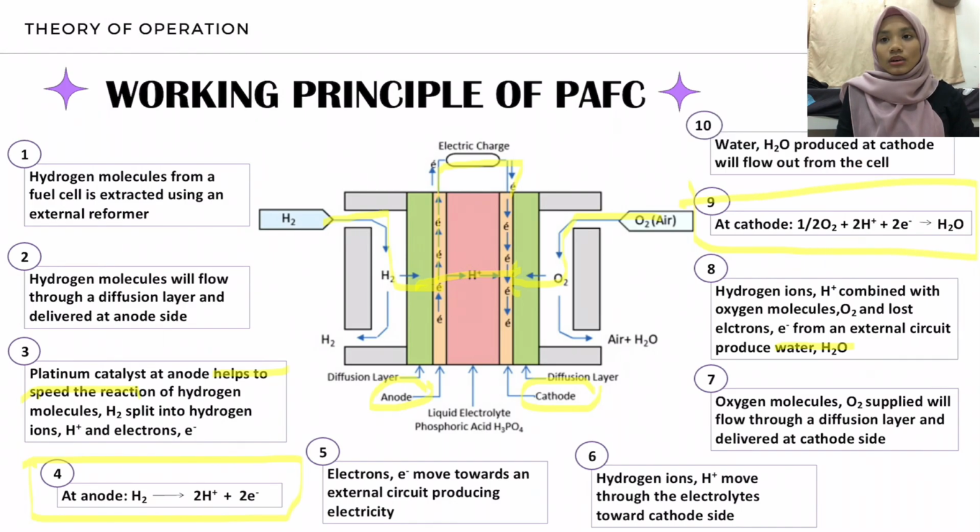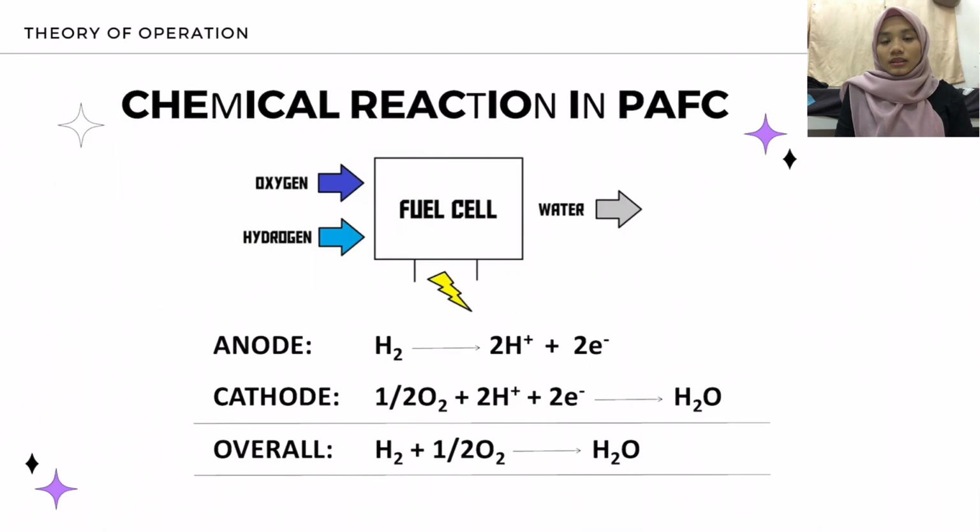And lastly, water produced at the cathode flows out from the cell. Next, this is the chemical reaction in the phosphoric acid fuel cell. This is the half reaction at the anode, while this is the half reaction at the cathode. The overall reaction produces water as a byproduct. That's all for theory of operation.